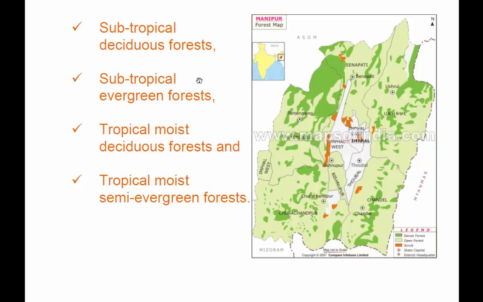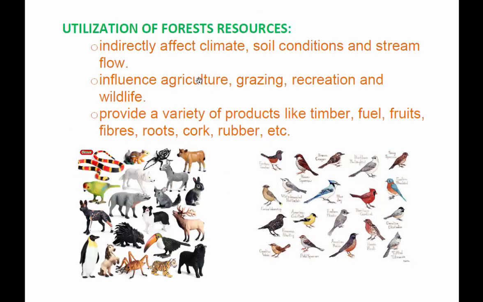Alright, so as far as the forest resources are concerned, they are indeed very, very useful. So let us see some of the utilization of forest resources. Forest resources, or the forest itself, indirectly affect the climate of a place, the soil conditions, and even the stream flow.